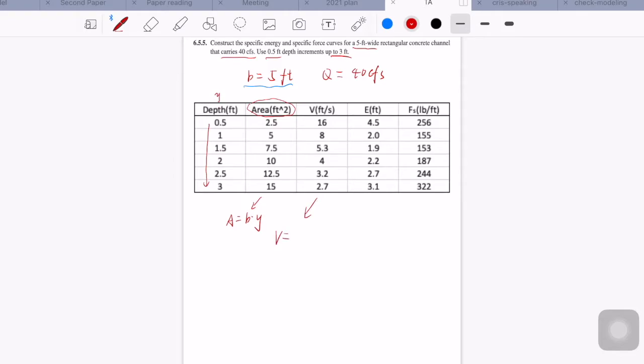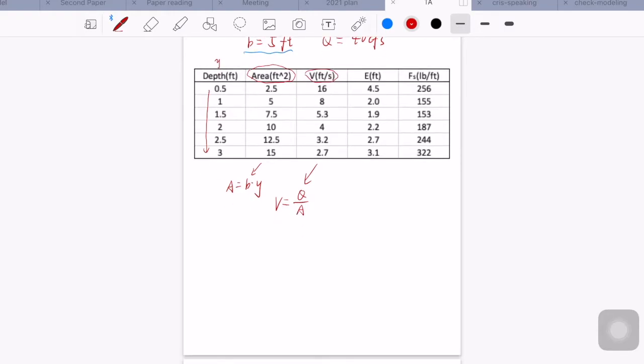And then we apply V equals Q over A to determine the values in the velocity column. And then we apply E equals V squared over 2g plus y. We can apply this equation to determine the specific energy in this column.